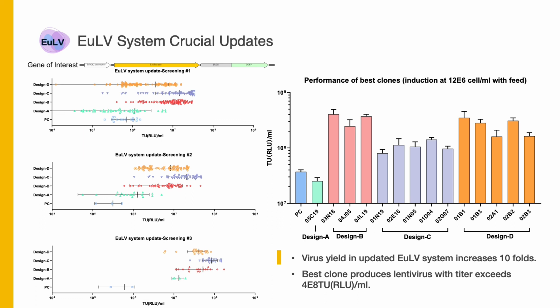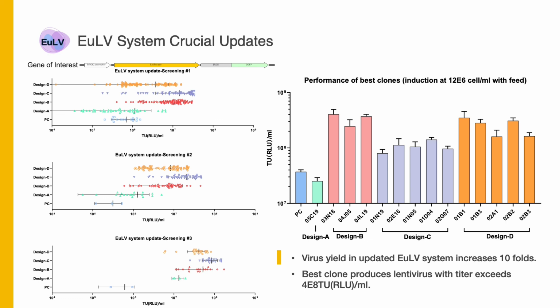The x-axis is the transduction titer measured in HT1080 for each round of screening, and each dot here represents a transduction titer result from a single clone.